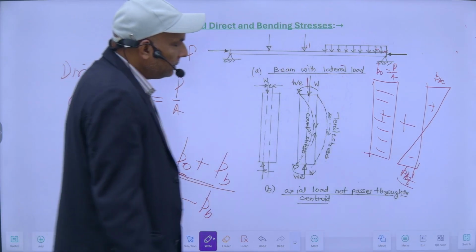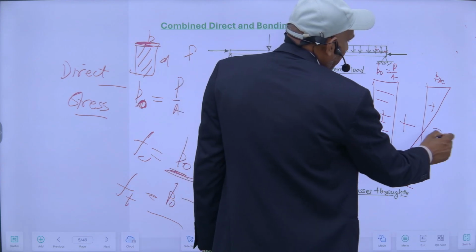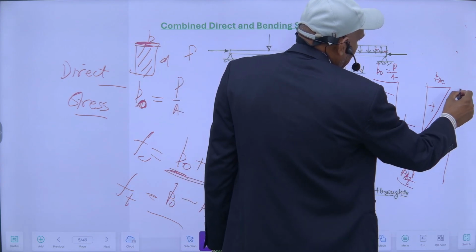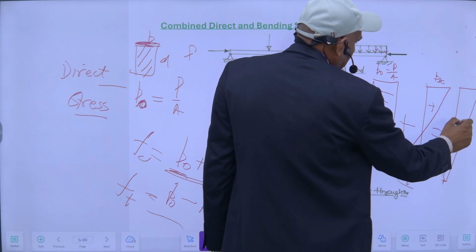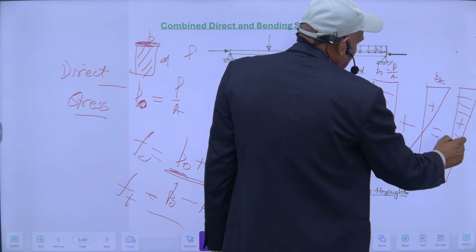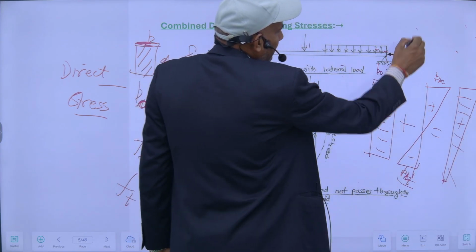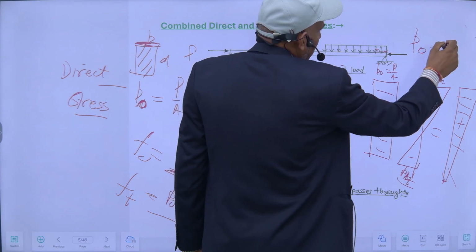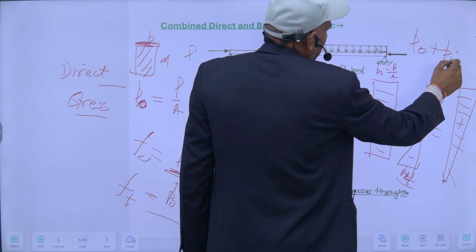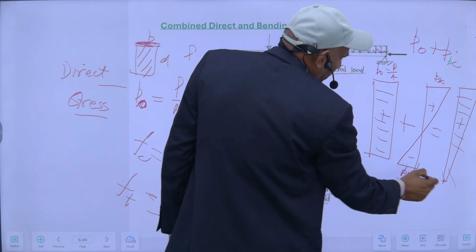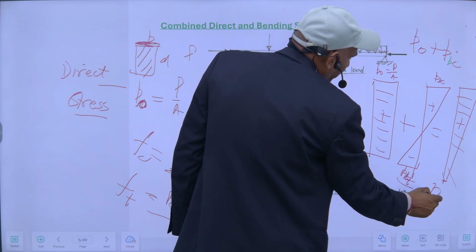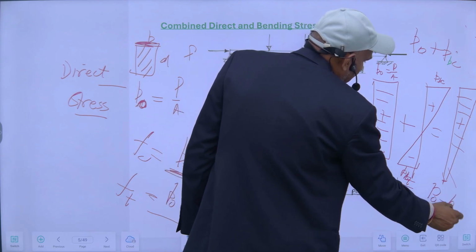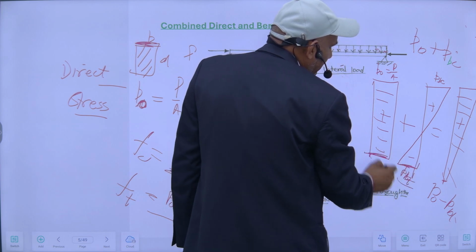So my final stress diagram will be like this. On the top it will be direct stress plus bending stresses, and in the bottom, since one is positive and the other is negative, it will be PO minus PBT, this tensile, this plus this.